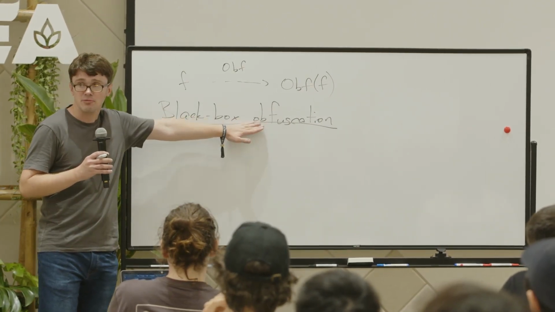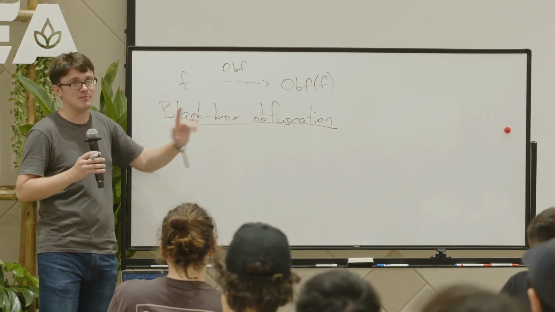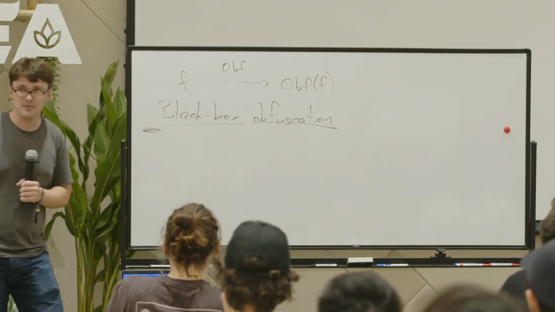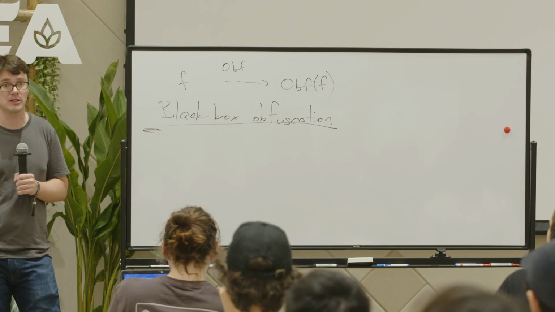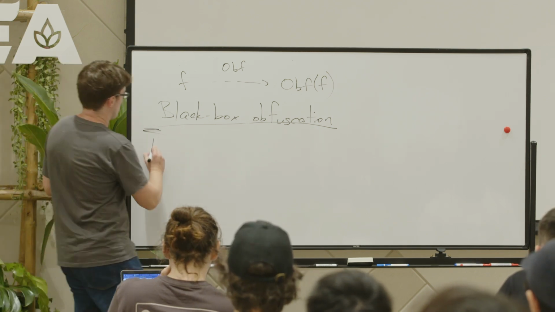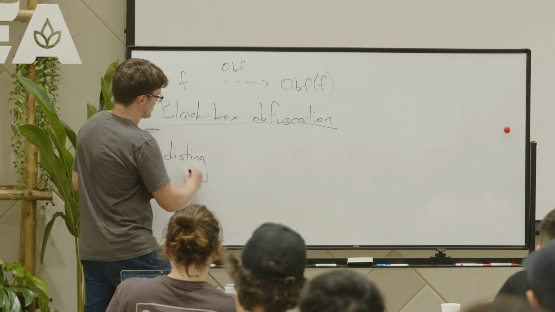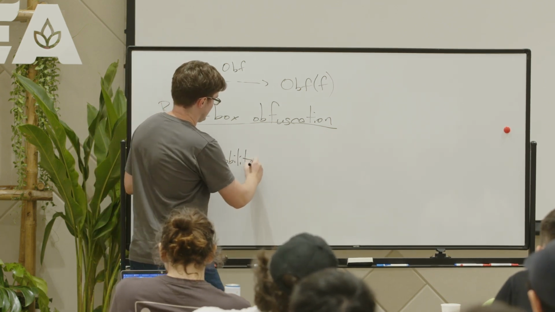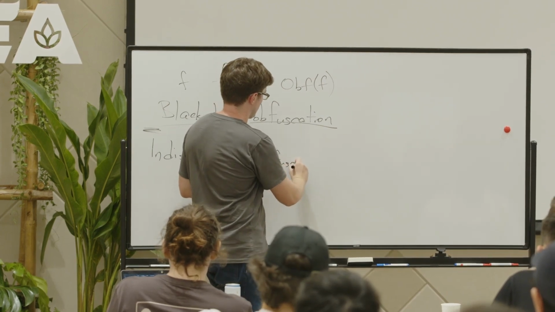But let's not think about that for a minute, and I'll say why. There's a weaker version of obfuscation, which we think is probably achievable, called indistinguishability obfuscation.